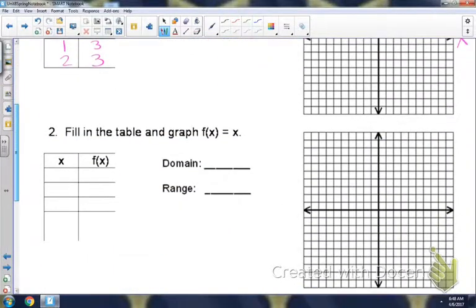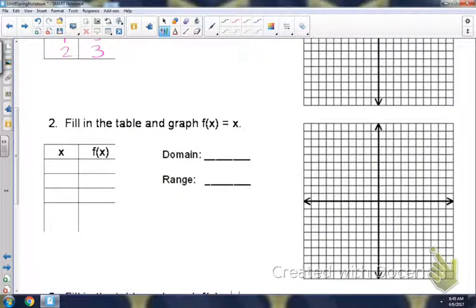Alright, so looking at 2, f of x equals x. This is the linear parent function. Alright, so let's start with, we'll just say -2. If we plug in a -2, we're going to get -2.